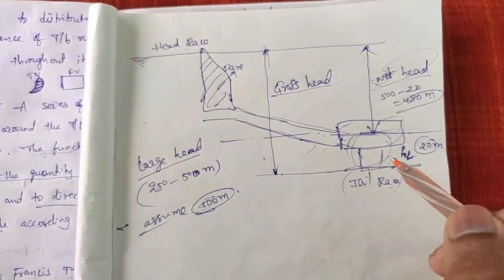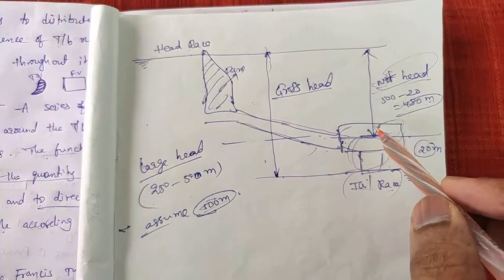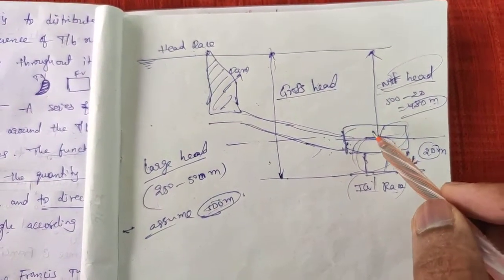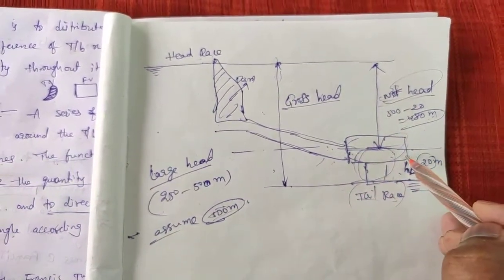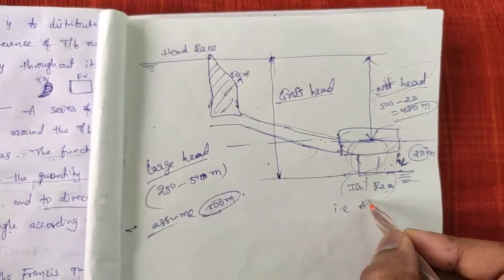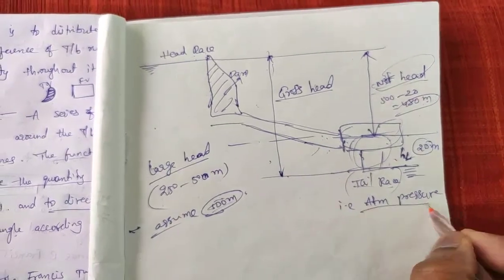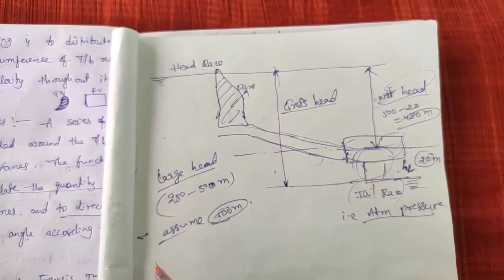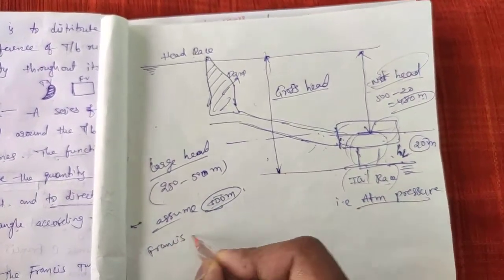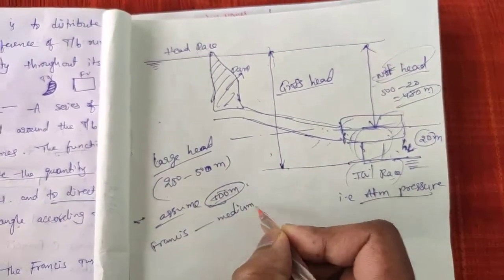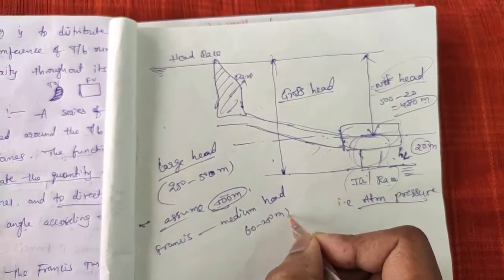And one more thing: in the Pelton turbine the pressure is uniform. That means the pressure is the same entirely within the turbine, that is atmospheric pressure, so there is no problem. But the Francis turbine is used for medium head purposes only, that is 62 to 50 meters range.